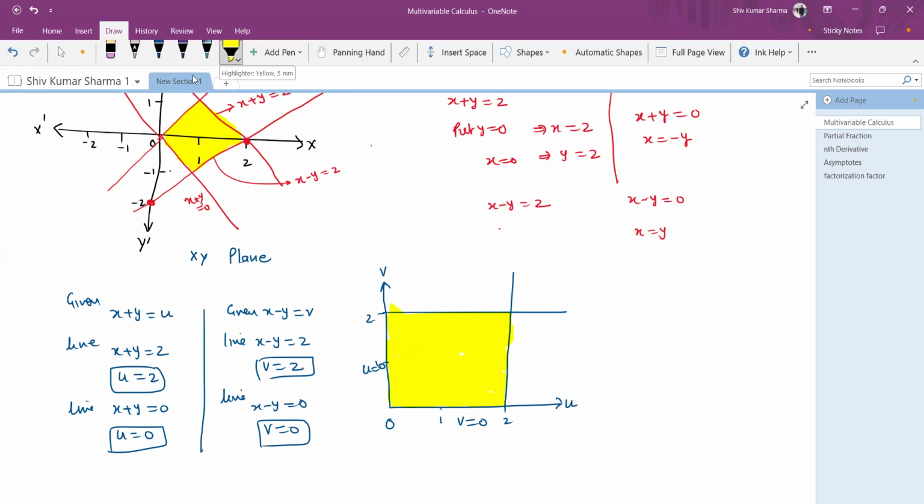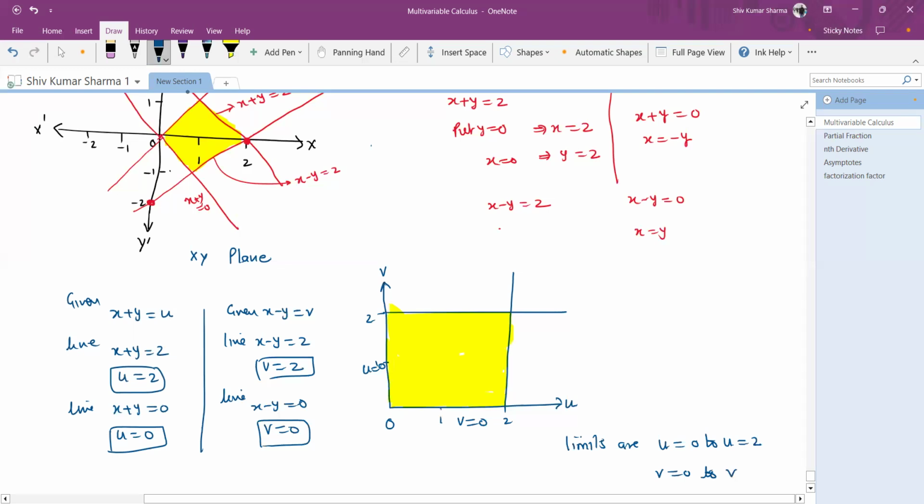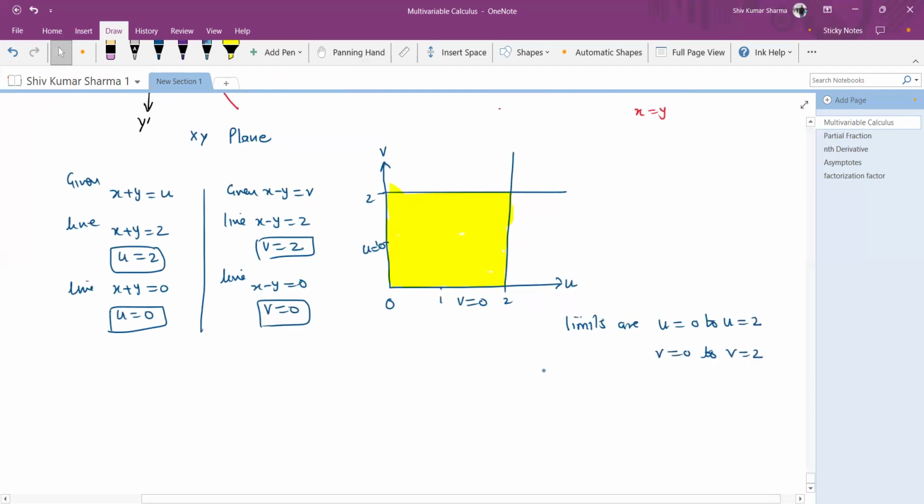Directly you can see what the limits are. We write the limits as u equal to 0 to u equal to 2 and v equal to 0 to v equal to 2. After obtaining the limits, we evaluate the integral.